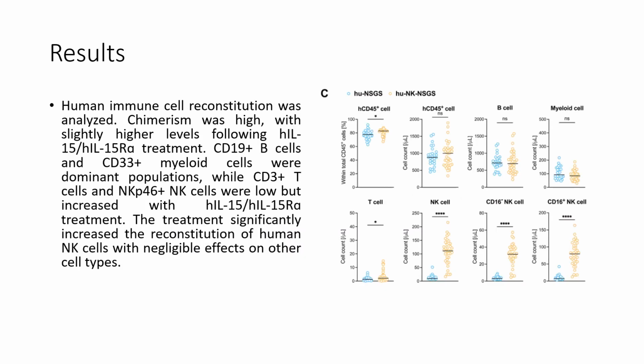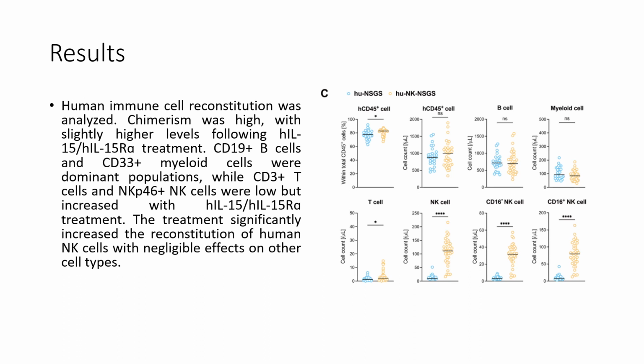Human immune cell reconstitution was consistently high, with slightly higher levels following hIL-15, hIL-15R alpha treatment. The CD19 plus B cells were the dominant population among hCD45 plus cells, followed by CD33 plus myeloid cells.